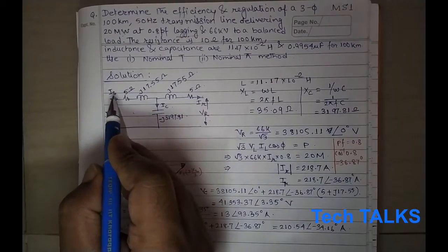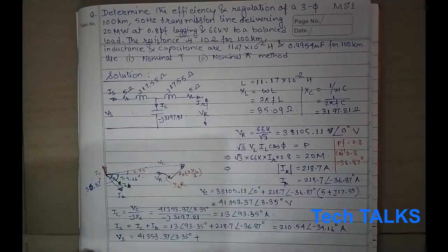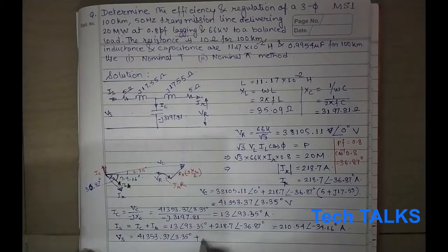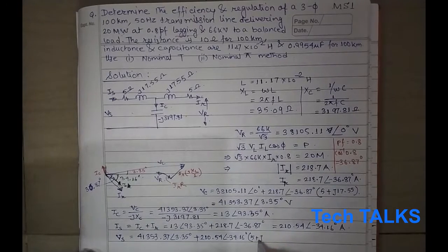This voltage is IS into this much. IS is 210.54 at an angle of minus 34.16 degree into 5 plus J17.55.